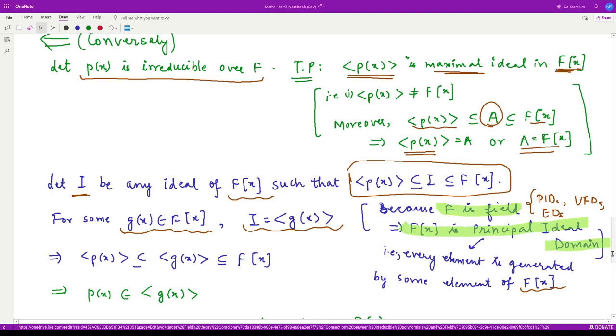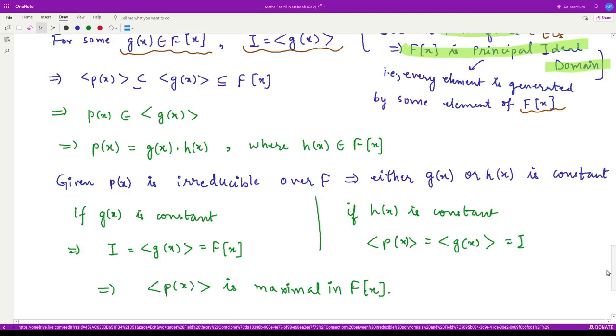So let us see the next results. It implies that p(x) is contained in the ideal generated by g(x). So p(x) could be written as the product of two polynomials g(x) and h(x), where h(x) belongs to F[x], right?